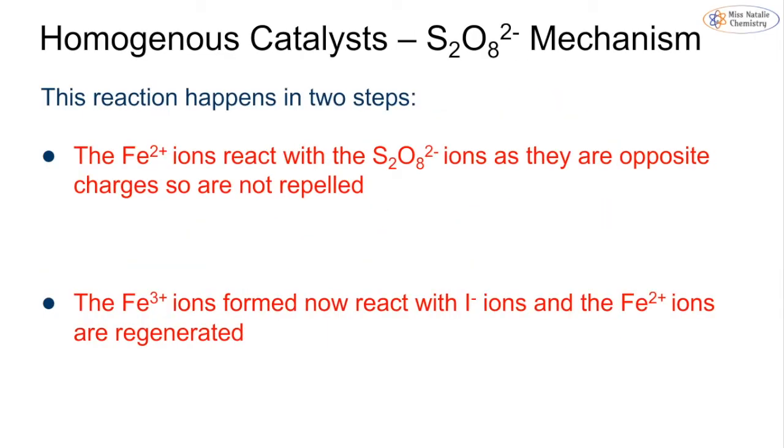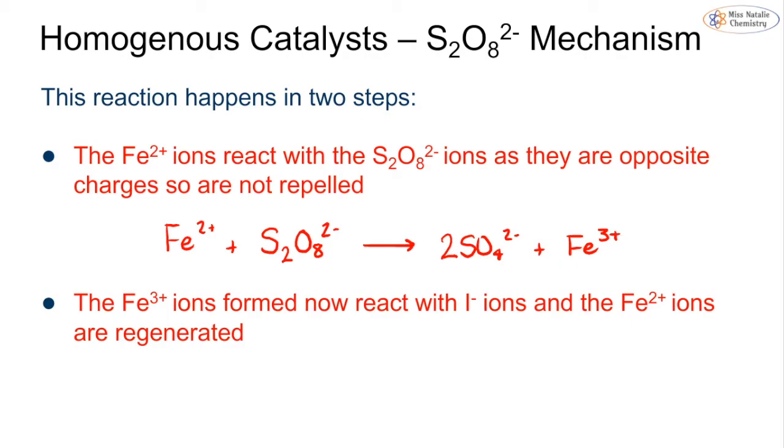And as I mentioned previously, this reaction will happen in 2 steps. So the Fe2+ that acts as the catalyst will firstly react with the S2O8 2-. And these are opposite charges, so they do not repel each other. This will form your first product, which is the sulfate, and it will form Fe3+.